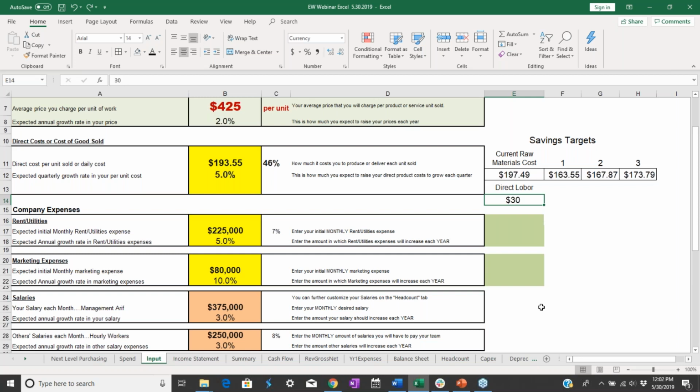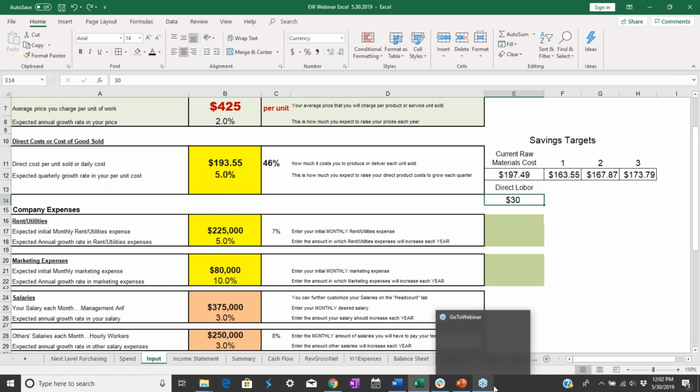So we did this exercise and honed in on raw material price points. We can look at our labor to determine what's the distribution of our labor in terms of value add and non-value added activities.